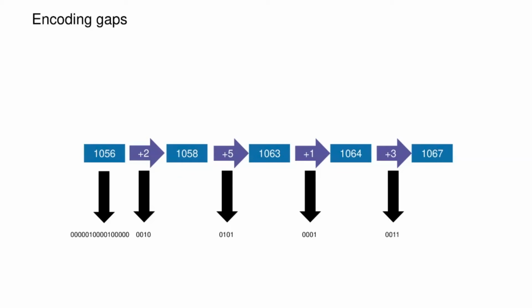Who agrees with that? We can just encode the gaps. So that's great. And since the gaps are smaller, then we can just use fewer bytes, right? In that case, I'm just using 4 bits, and 4 bits is enough. It's half a byte, right? So it seems that we are doing very, very well at compression. But does anybody see the issue here?